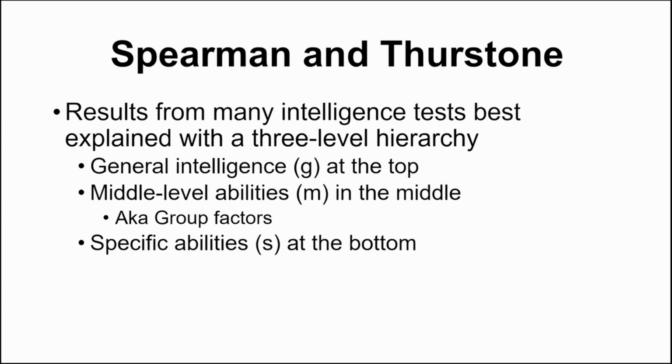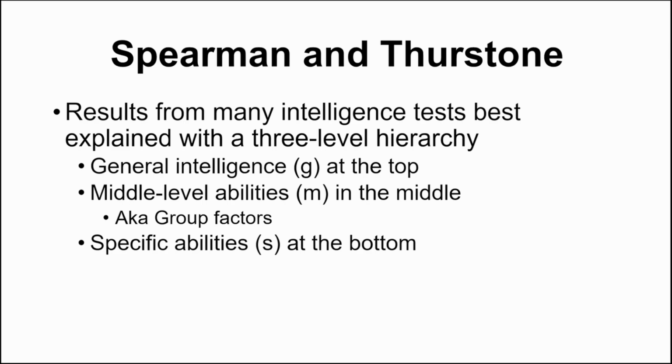So what does this 3-level hierarchy look like? We're going to say that we have those general intelligence scores at the top. So G stays at the top. We then have our middle abilities, which you'll sometimes see called group factors or group abilities.